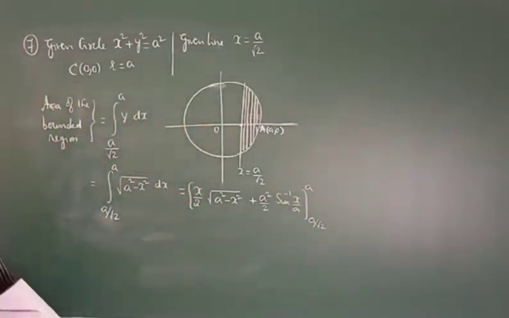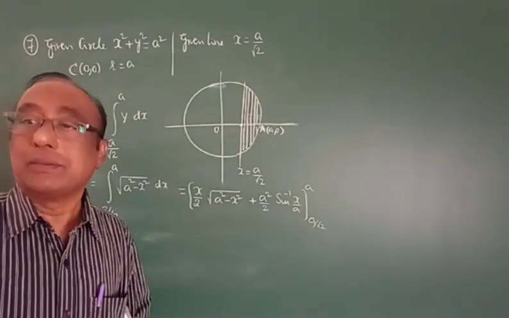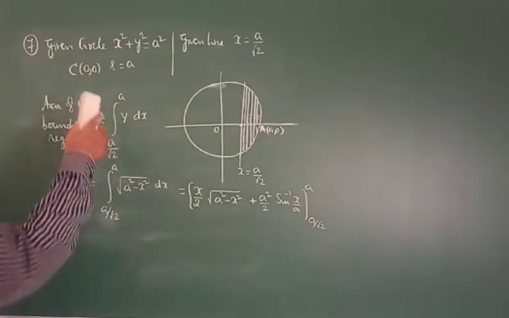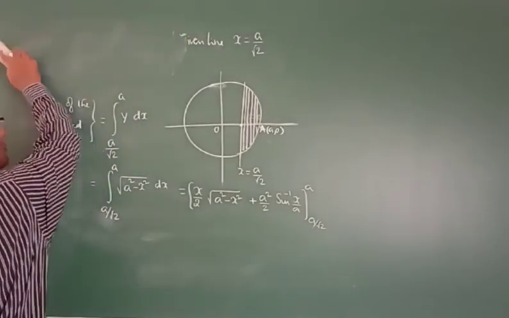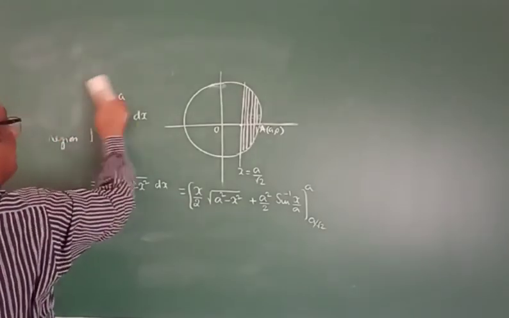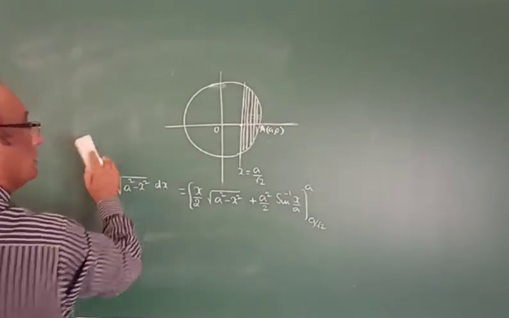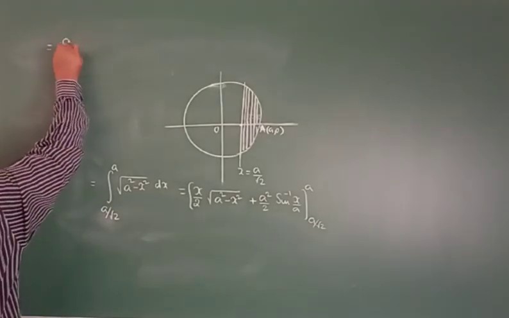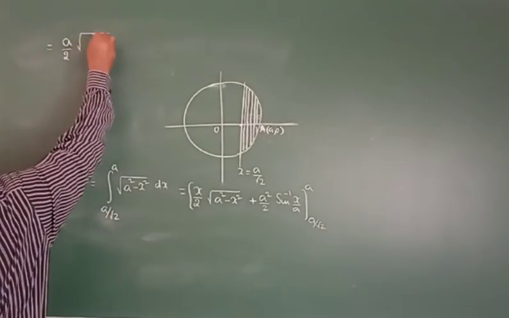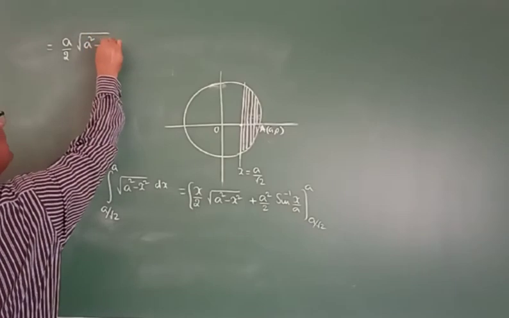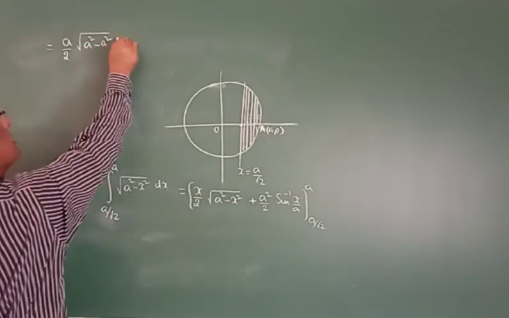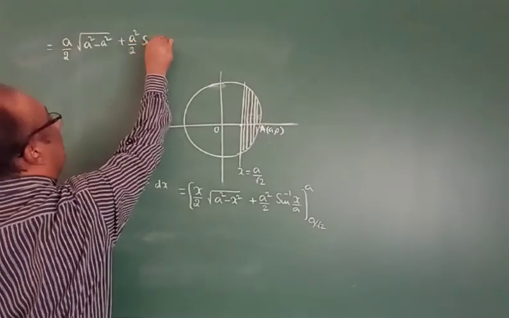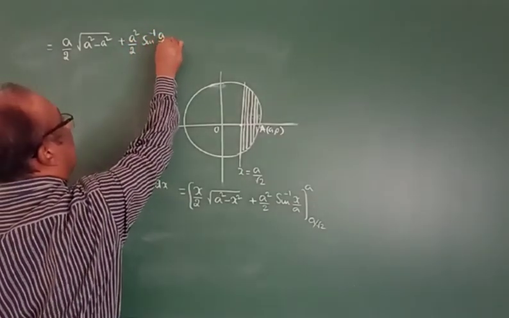First substitute the upper limit, everyone. Upper limit: in place of x put a, a by 2 root over a square minus a square, plus a square by 2 sin inverse of a by a.